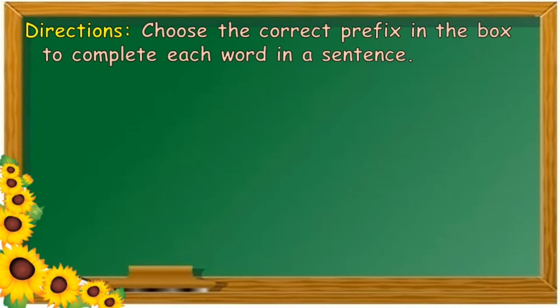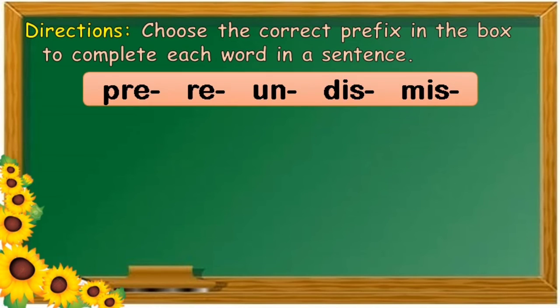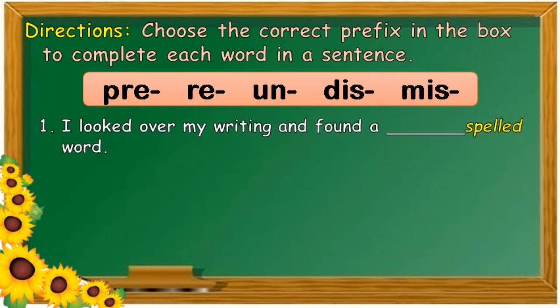Choose the correct prefix in the box to complete each word in a sentence. The choices are pre, re, un, dis, and mis. Number 1. I looked over my writing and found a blank spelled word. Good job! The correct answer is mis.